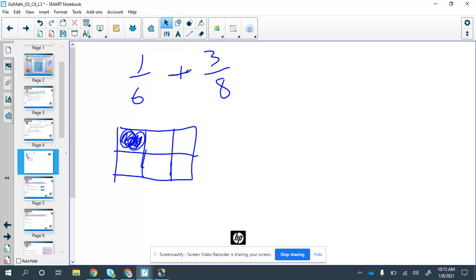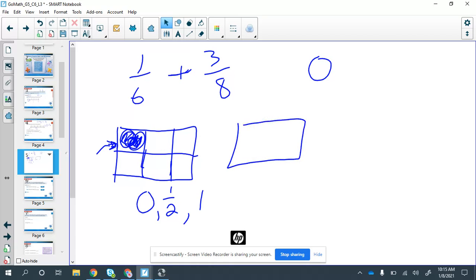Now, after I draw this model, I'm going to think to myself, is this model about completely full, which would be 1? Is it about half full, which would be 1/2? Or is it almost empty, which would be 0? And when I see that there's only one out of these 6 boxes shaded in, I think to myself, well, this model is almost empty, and so my estimate, or my benchmark, for 1/6 would be 0.